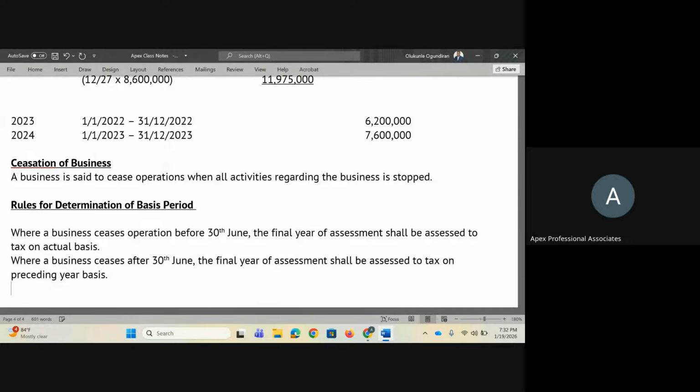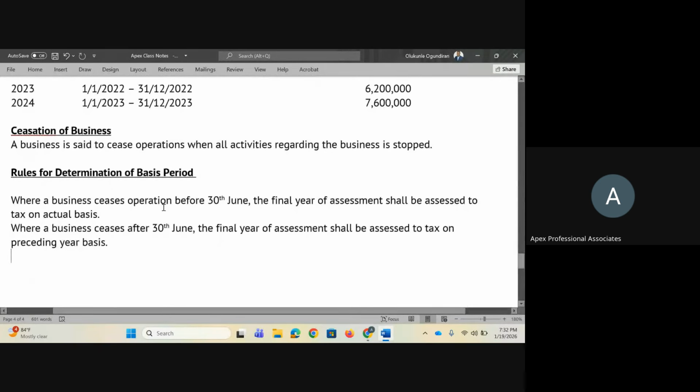Right. That's still the idea. So that's our major focus. When a business ceases after the 30th June, it's going to be on actual year basis and preceding year basis. If it is before 30th June, it's going to be on actual year basis.